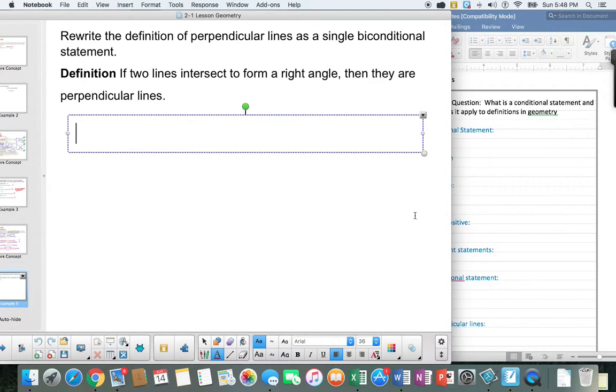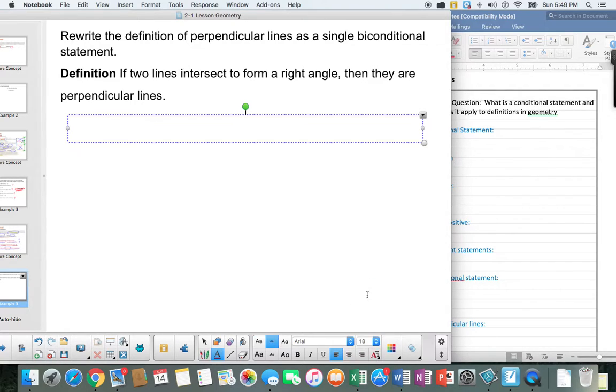So if two lines form a right angle, then they are perpendicular. If two lines are perpendicular, then they form a right angle.